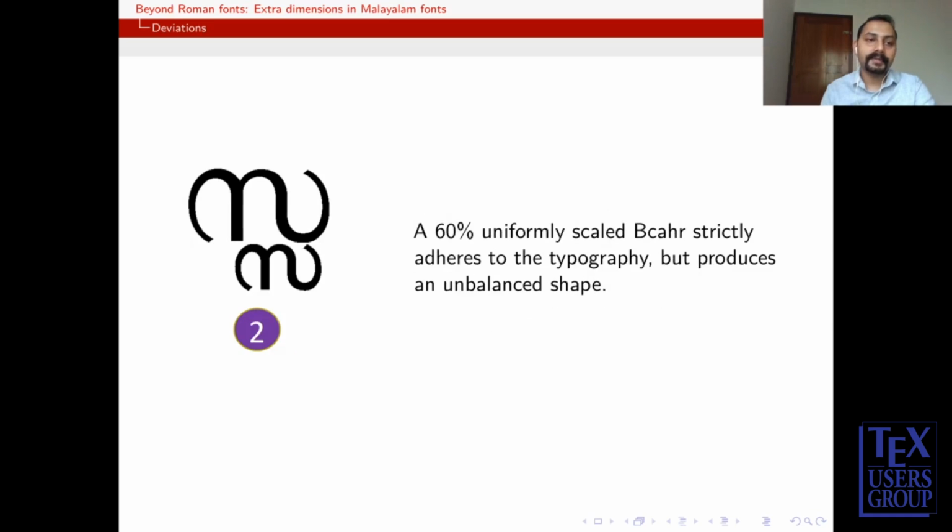That brings us to the second option, by reducing the size of the below base character by a fixed percent. For example, here we have taken a value of 60% to reduce the height as well as the width of the below base character. Even though it adheres to the typographic matrix, it actually produces an unbalanced shape of the character.